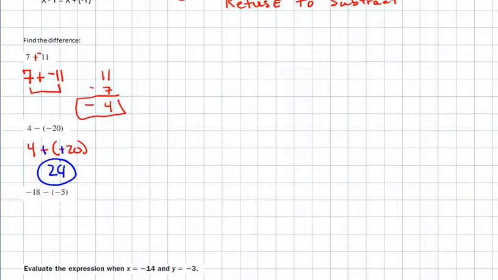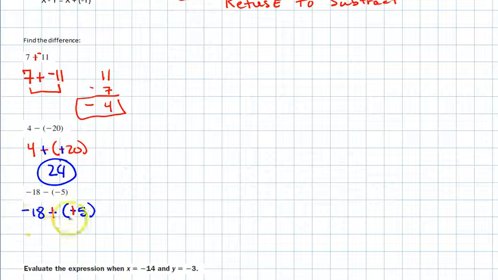Here's another example. I have -18 minus -5. I need to add the opposite, so I'm going to add the opposite of -5, which makes it positive.